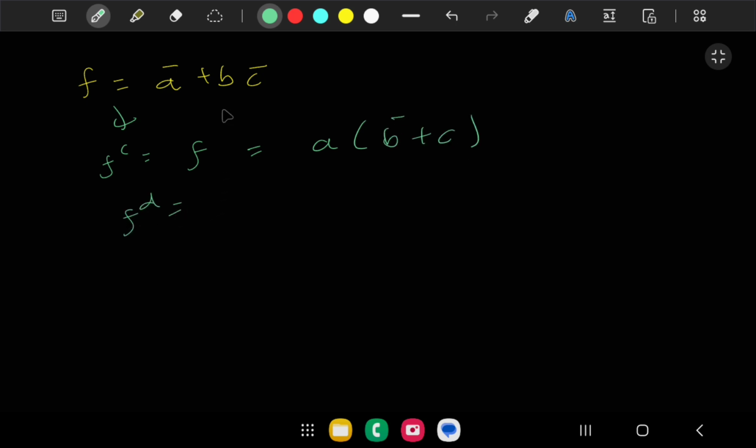Then what will be the dual? I don't need to start from here. I can directly take from the complement. This I'll make complement, this I'll take b, I can make complement, and that's it.